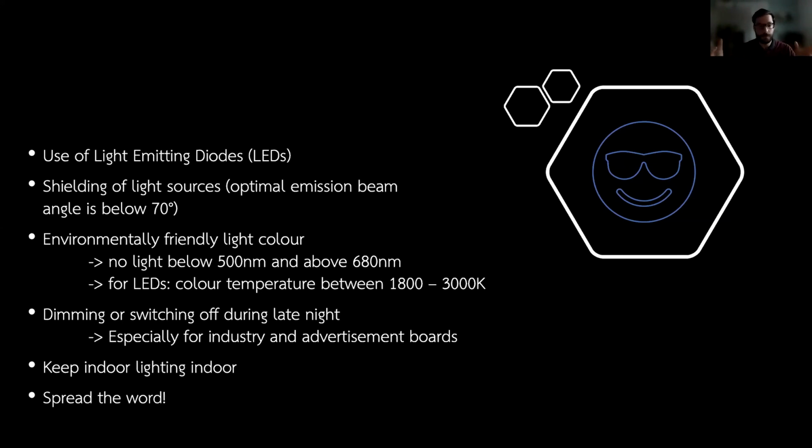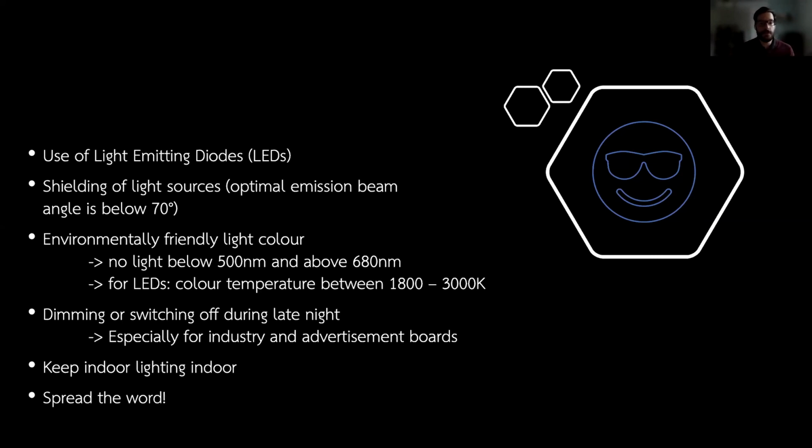We have seen why. Use an environmentally friendly color, meaning no light below 500 nanometers at shorter wavelengths, or also above 680 nanometers, meaning then coming to infrared, for example. There are also light sources which still have some emission lines in the infrared, which is not visible for us, but visible for animals, for example.